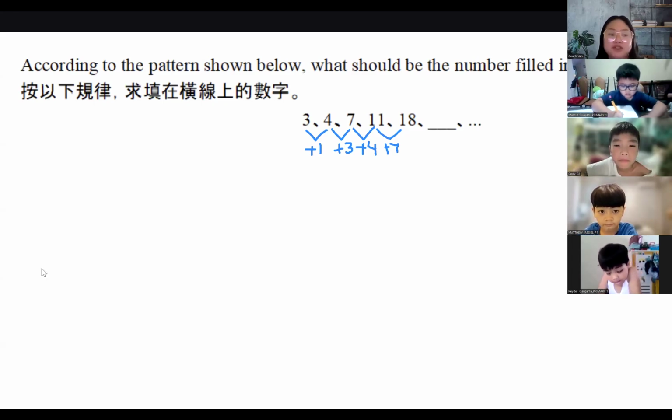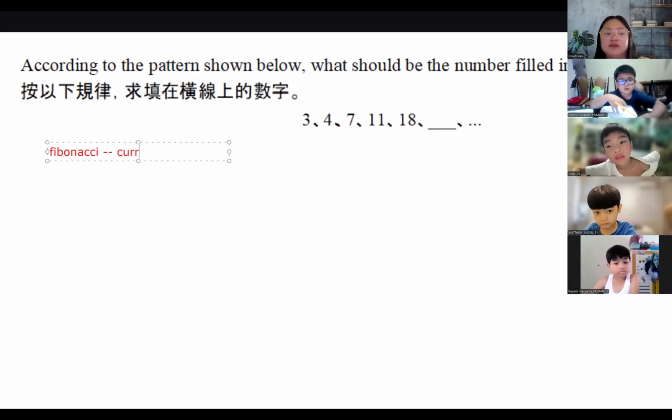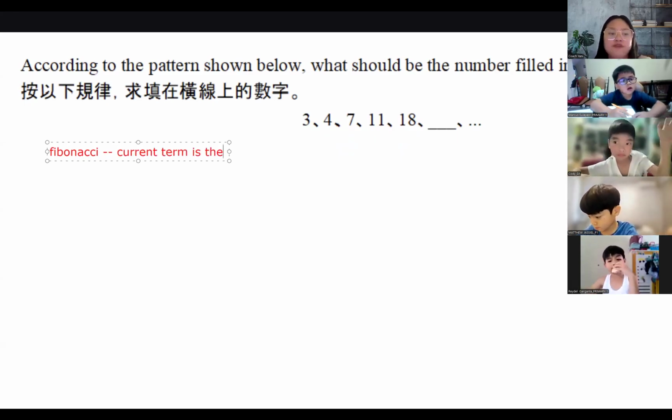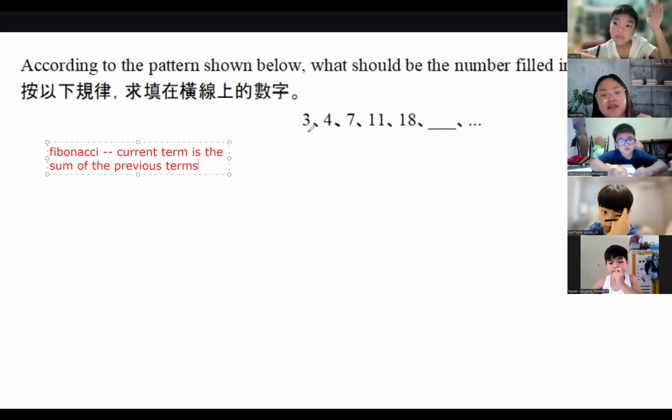Another pattern that you could try is what we call Fibonacci. So what is Fibonacci? It just means that the current term is the sum of the previous terms before it. So for example, if you look at here 7, this is the sum of 3 and 4.